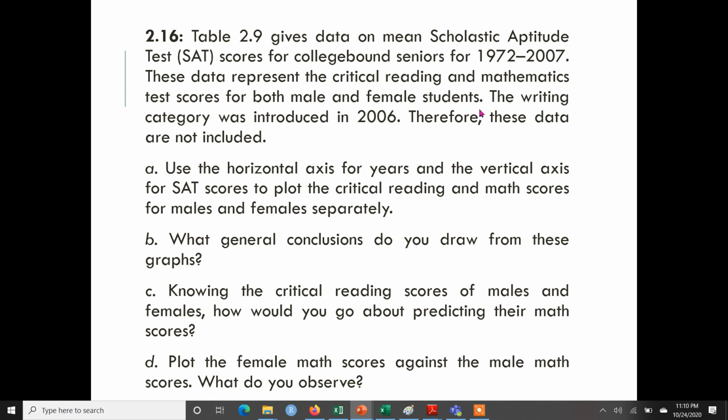The data on the writing part is not included. We just have data on reading and mathematics. So part A is we have to plot, using the horizontal axis for years and the vertical axis for SAT scores, the critical reading and math score for males and females separately.